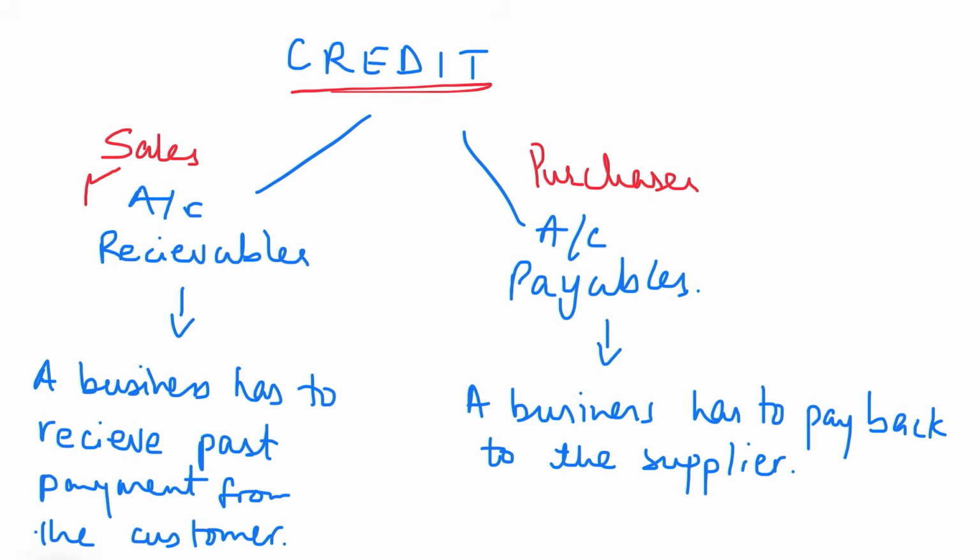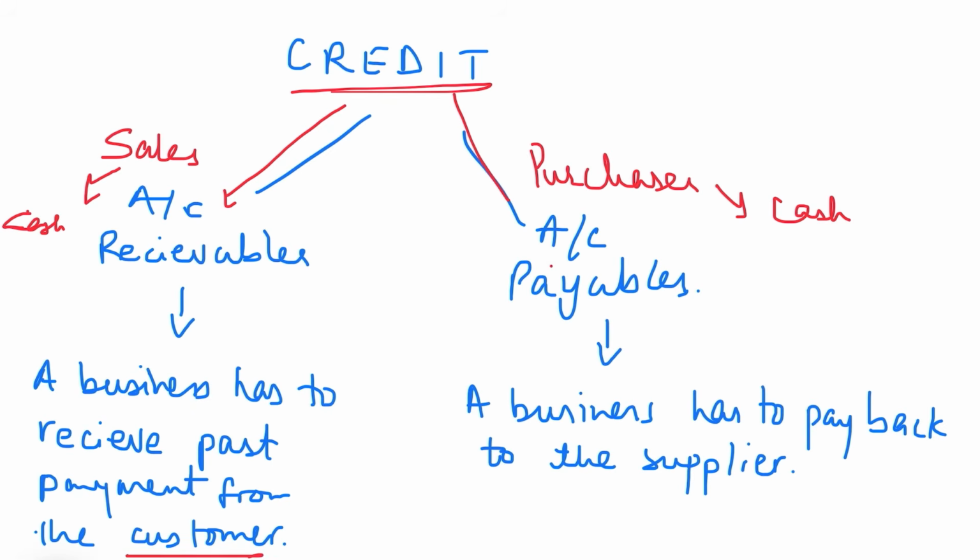And in sales, there are two types: cash sales and credit sales. As well as in purchases, there are cash purchases and credit purchases. Got it? Now let's understand credit sales. Credit sales are known as accounts receivable, right? A business has to receive payment later from the customer.